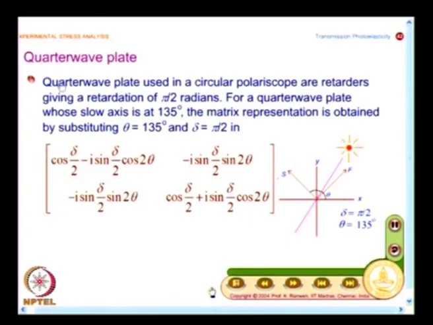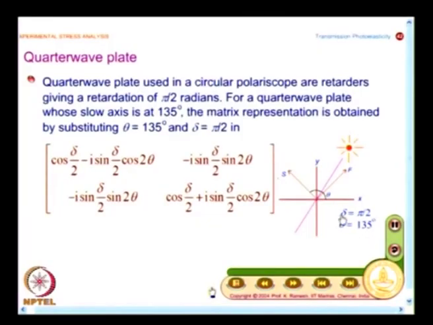Now, we want to find out for a quarter wave plate which is oriented at 135 degrees, the angle is also given. Why do we have it as 135 degrees? We want to have a circularly polarized light. Because we want circularly polarized light, we keep it at 135 and 45 in conventional photoelasticity. In conventional photoelasticity, these are the two orientations of the quarter wave plate popularly used.